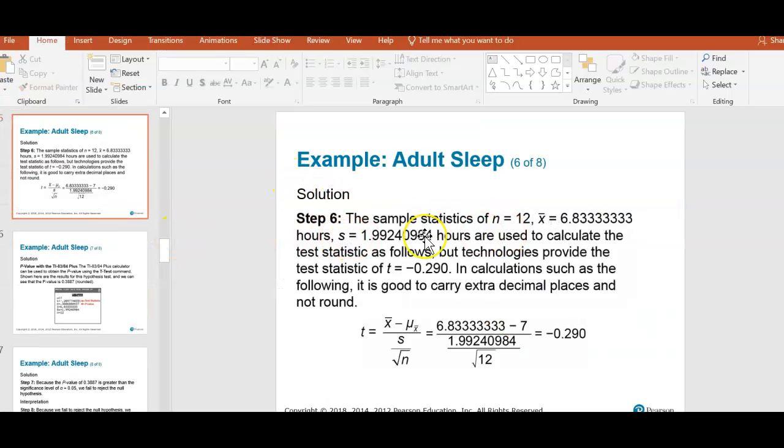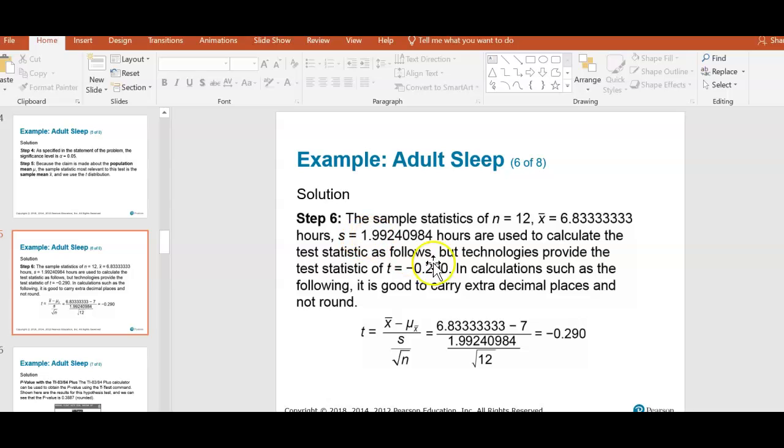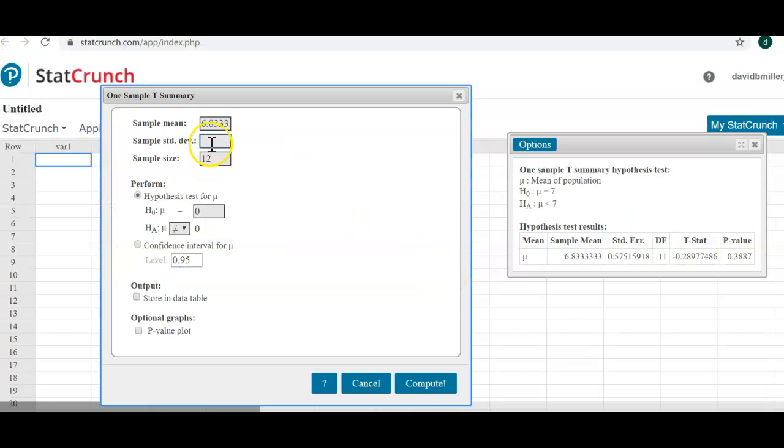And our standard deviation was 1.99240984. Our null hypothesis was that it was 7, and we are claiming less than 7.